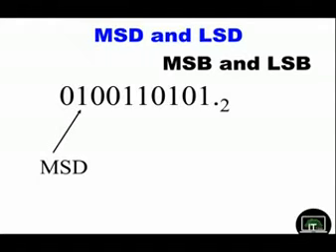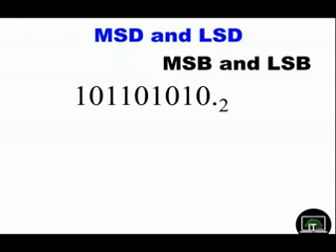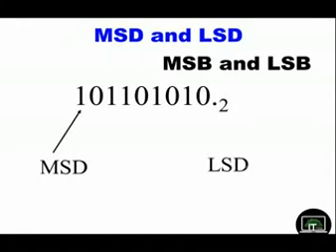LSB, which is just left of the decimal point, that is 1. Look at this number. The MSB or MSD will be 1. The LSD or the LSB should be 0.